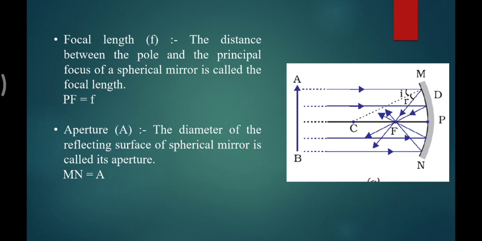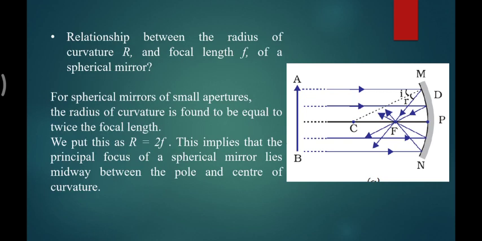It means the extent up to which it can reflect light, its capacity to do reflection, is named aperture. The diameter of the reflecting surface MN is named the aperture.